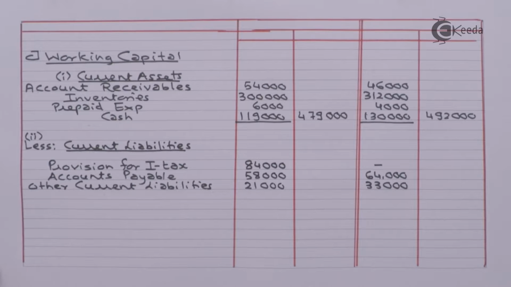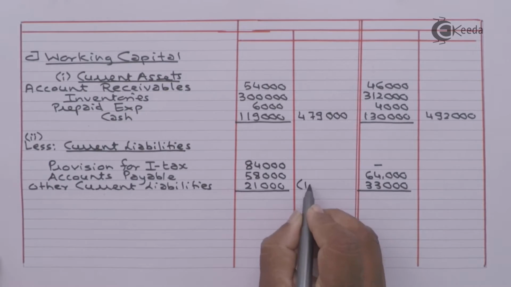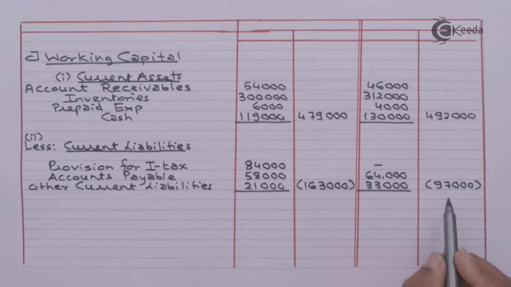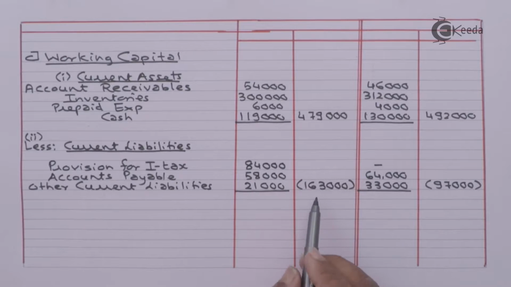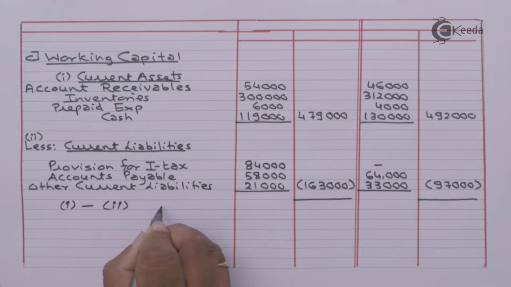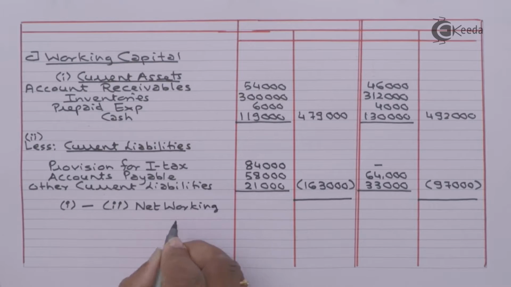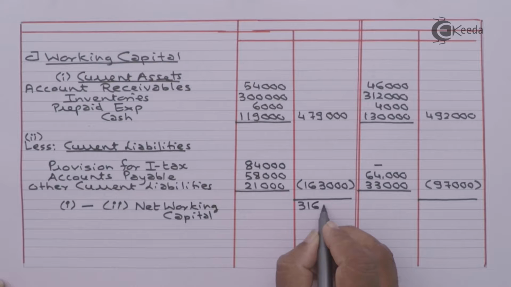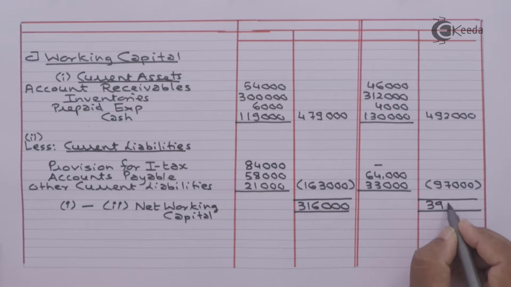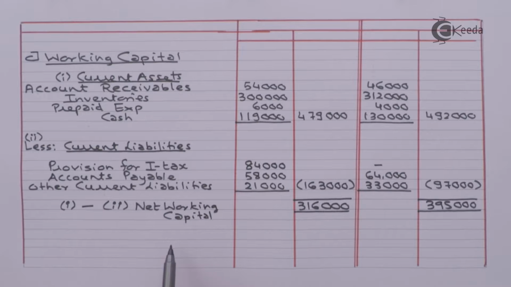Let us add current liabilities: 1,63,000 and 97,000. From current assets we deduct current liabilities. Net working capital we got is 3,16,000 and 3,95,000.